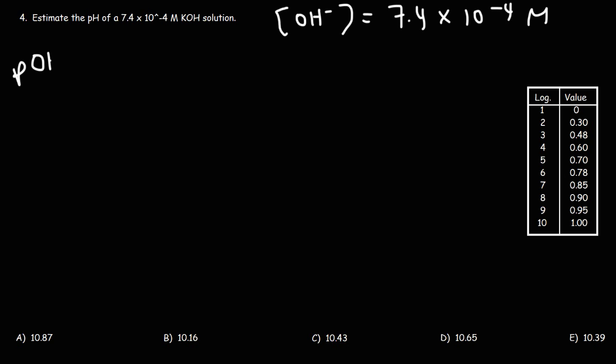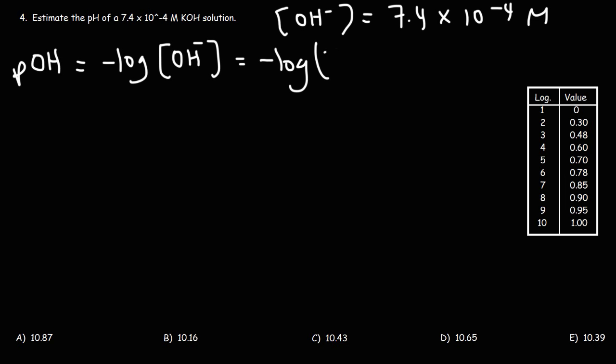Now, using that, we can calculate the pOH of the solution. It's negative log of the hydroxide concentration. So it's negative log of 7.4 times 10 to the minus 4. But now, this problem is asking for the pH of the solution. How can we find the answer?